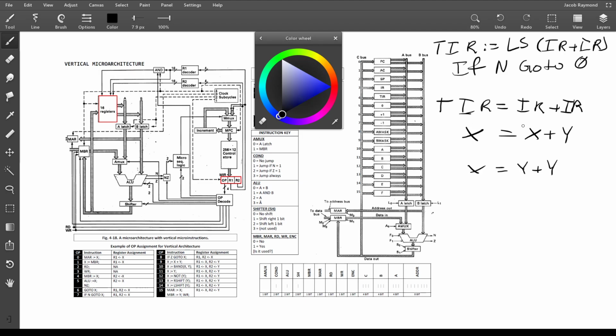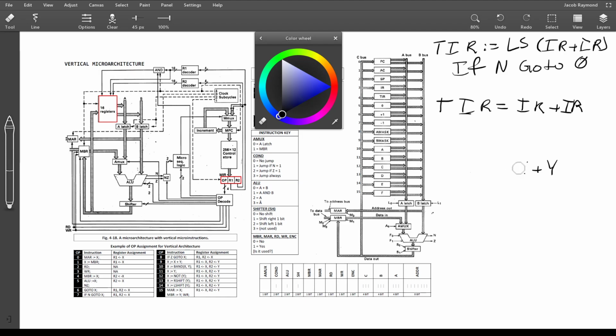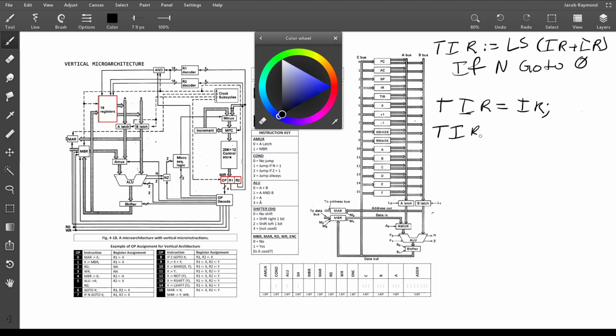So we cannot do TIR equals IR plus IR in one instruction, let alone all of this stuff. So the first thing that we're going to start off with is just TIR equals IR. Now, TIR holds IR, so now we can do TIR equals TIR plus IR.